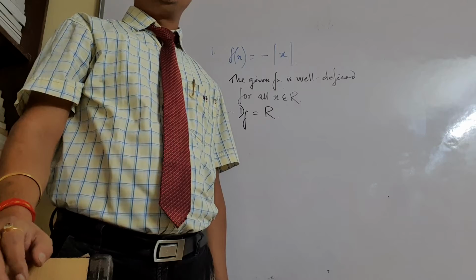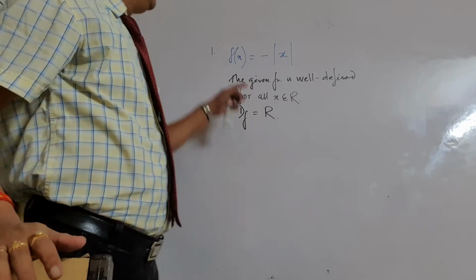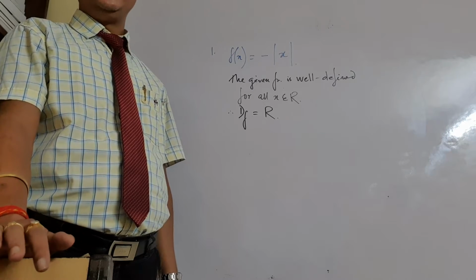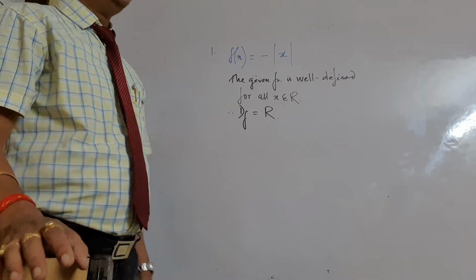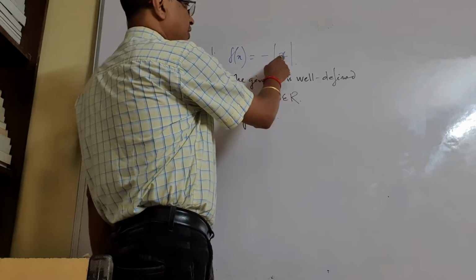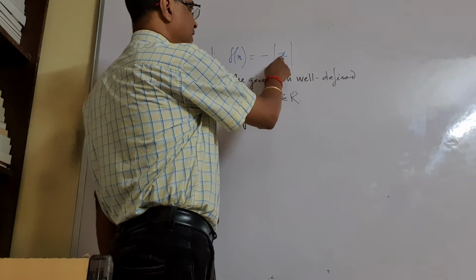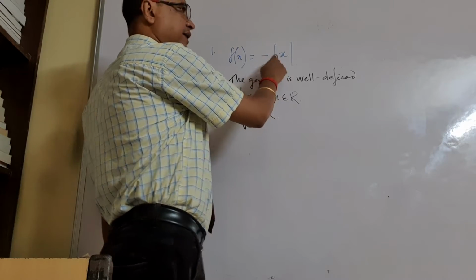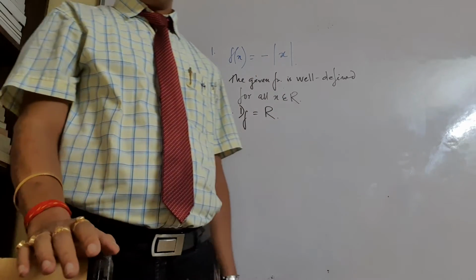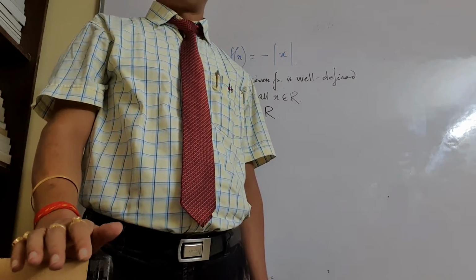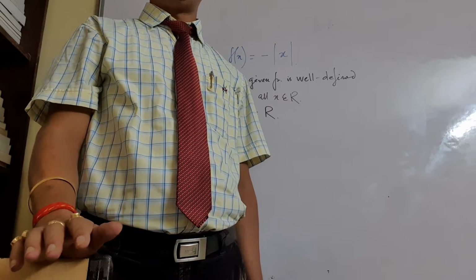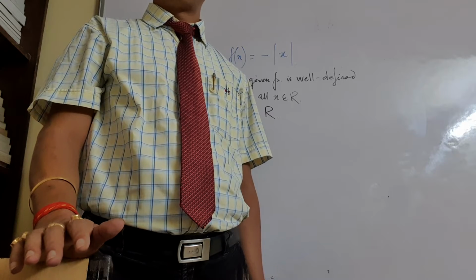So for all real values of x, f of x will be negative. Then what is the least value? The least value will be when you put x equal to 0. If you put x equal to 0, then f of x equals minus of mod 0, which is 0. So the least value of the function is 0.